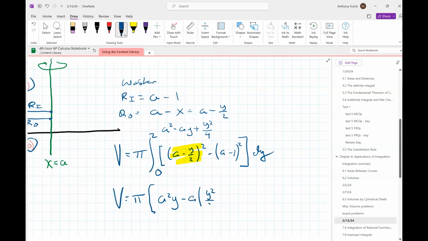Maybe if I write out the antiderivative, it'll make sense.